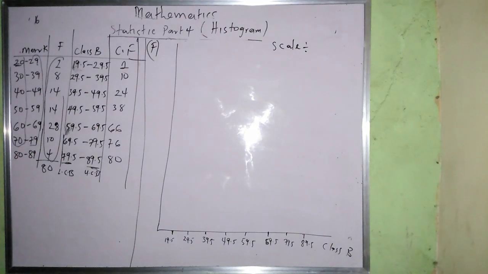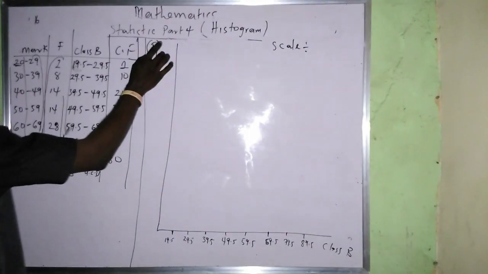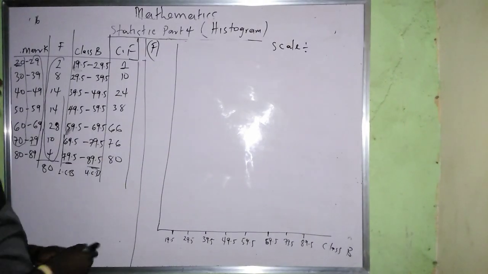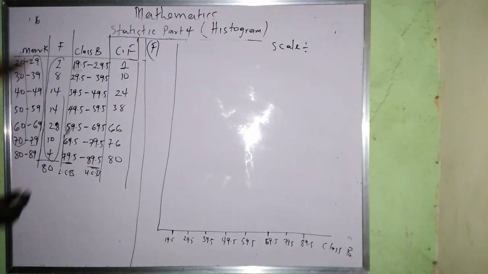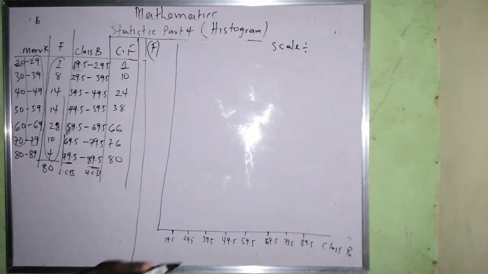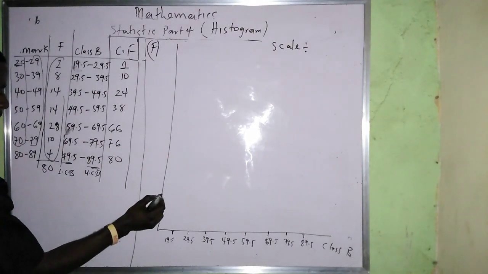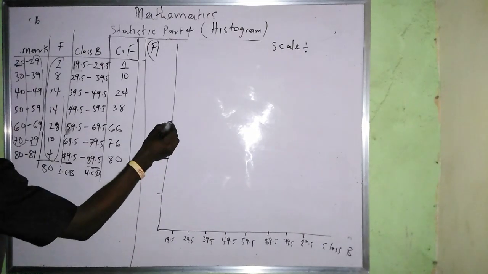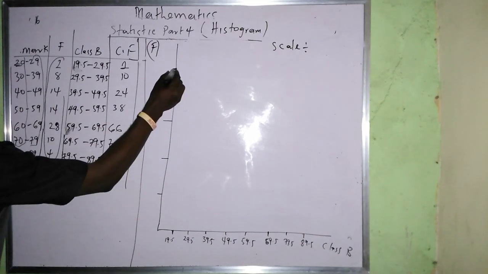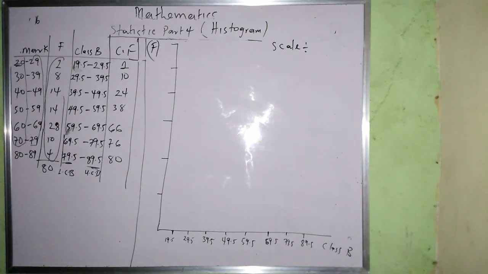My highest frequency is 38. Now, when I'm to choose my scale for my frequency axis, I must take a value such that all these numbers will be in between, inside of it. If I make a scale of 2 centimeters represent 1 unit, depending on the graph you are using, with 1, 2, 3, 4, 5, 6, I think successfully I've generated my 30.